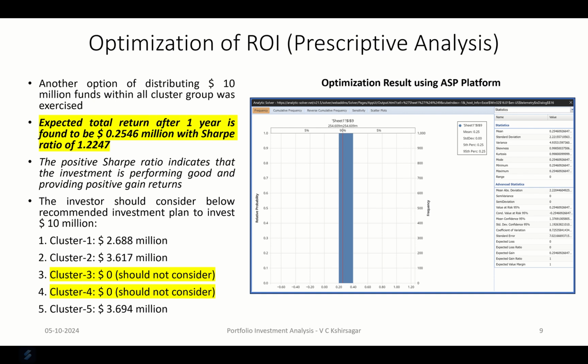This analysis will be highly helpful for them to make decisions of fund allocation in different clusters. I hope this brief presentation is enough to give an overall idea about the fund allocation. This analysis will help the investors make correct decisions about their fund allocation.